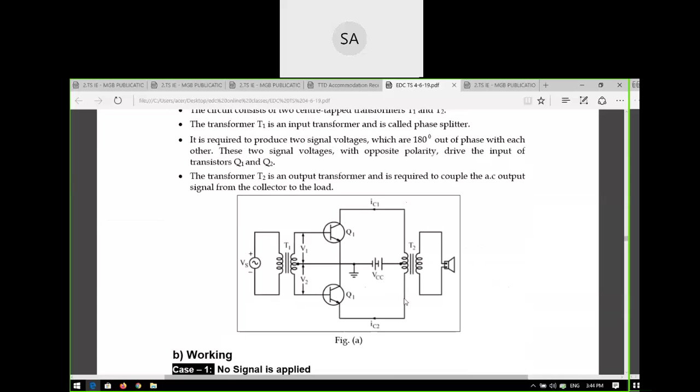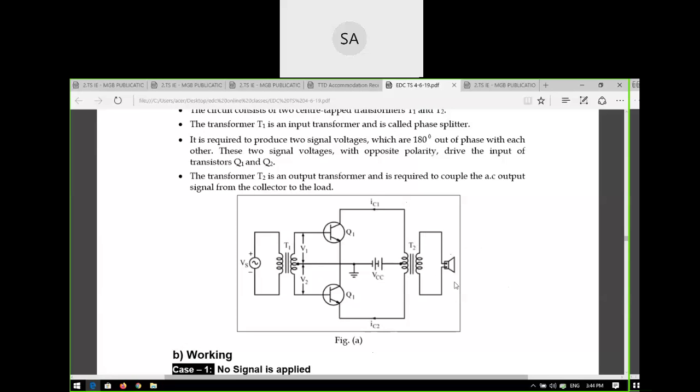One or two? There are two outputs, IC1 and IC2. So the total output is IC equal to IC1 plus IC2. One will give the positive cycle, the other will give the negative cycle. Combined, you will get a positive plus negative cycle, so the complete cycle you will get at the output side.